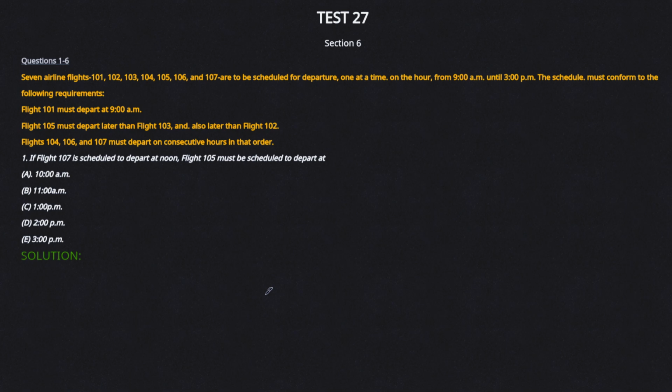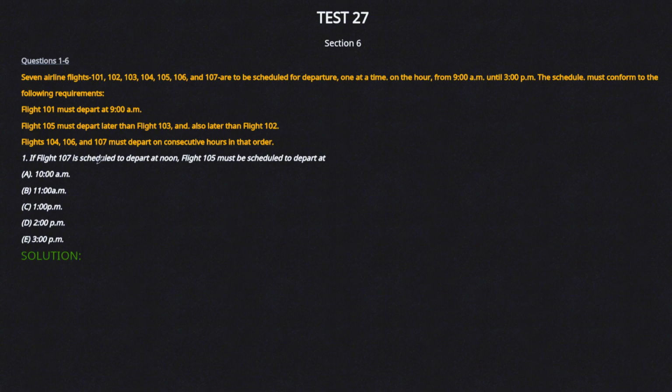Flight 101 must depart at 9 a.m. Flight 105 must depart later than Flight 103 and also later than Flight 102. Flights 104, 106, and 107 must depart on consecutive hours in that order. So these are the conditions we're provided with. Now let's go to the question.